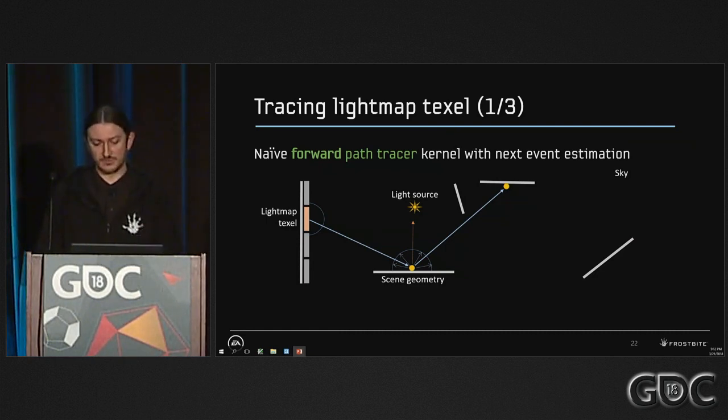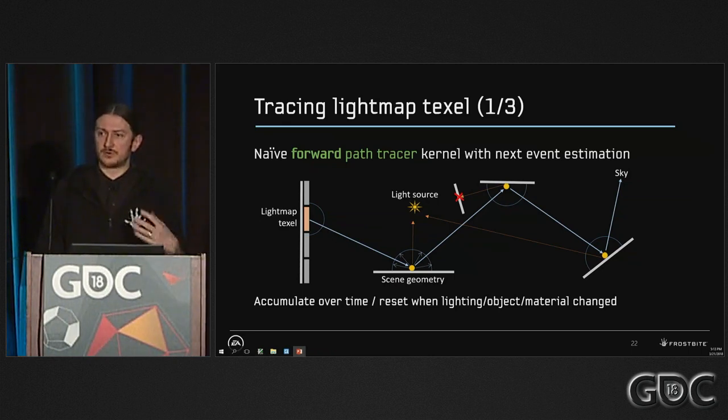Then for that new vertex on the path, it's the same. You can cast another ray to test visibility. And if it's not visible, you will not accumulate that light source. We do that for all the light sources, and we have an acceleration structure, but I will not describe it in this talk, because it's not important for this talk. And so on and so on. We continue for n vertices on the path, and if in the end we fall out, we don't intersect anything, we can sample the sky environment map, for instance.